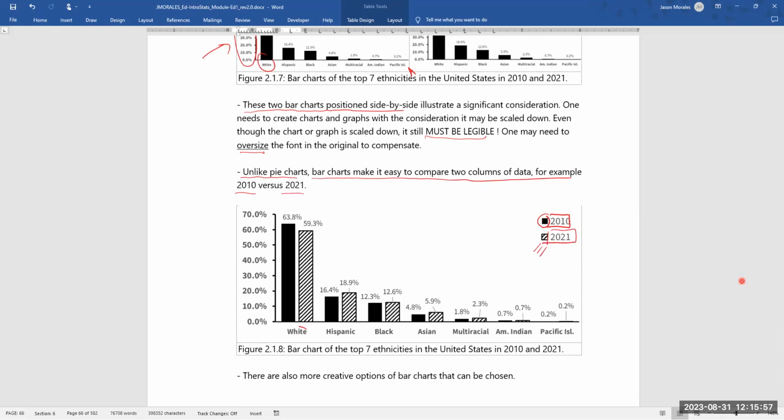So we can see for the white ethnicity, it was 63.8% in 2010, but 59.3% in 2021. So it kind of went down a little bit over the course of a decade. Whereas if you look at the Hispanic ethnicity, it was 16.4% in 2010 and 18.9% in 2021. So it actually went up a little bit over the course of a decade.